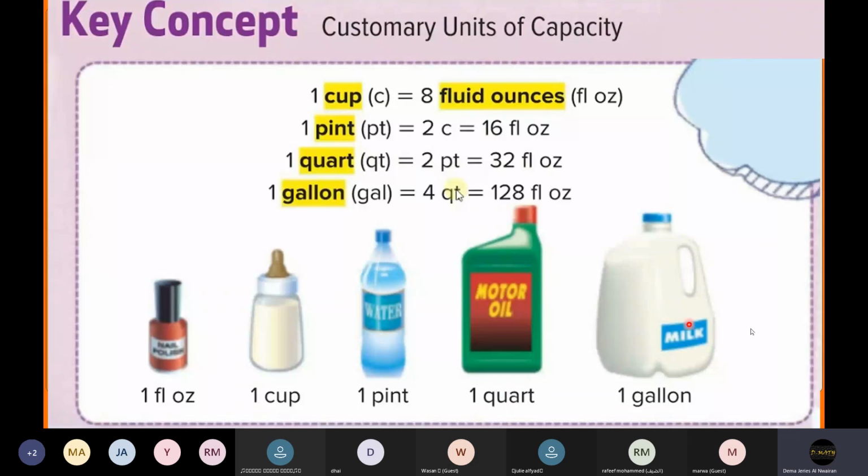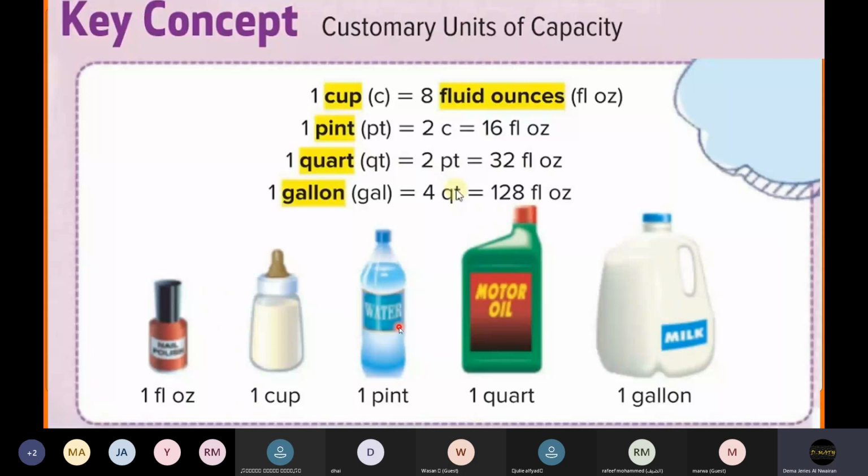And here's a gallon. Now you have to know that each 1 cup contains 8 fluid ounces. I mean, if you put 8 fluid ounces of nail polish together, you can make 1 cup. If you put 2 cups of anything, you can make 1 pint.